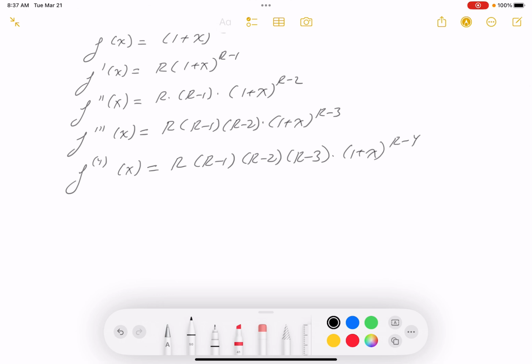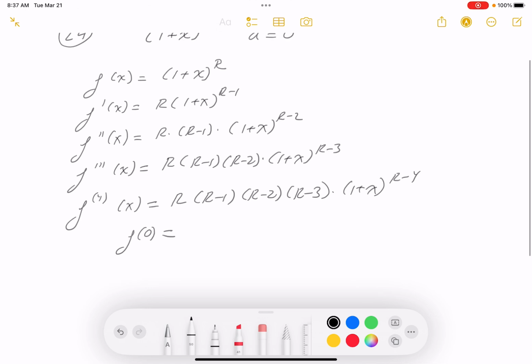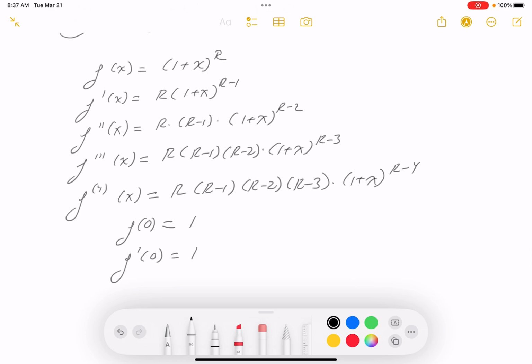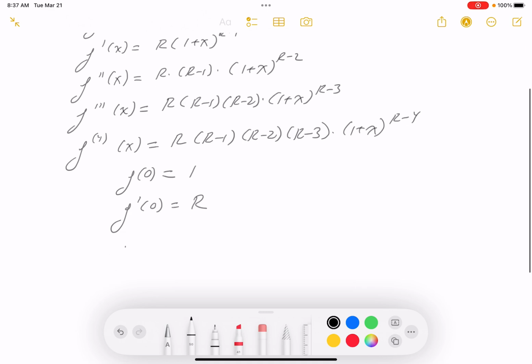Let's evaluate this at the center, and the center is 0 then. So f of 0, again, that's right up here. That's going to be 1 to the r, so that's going to be 1. Let's do f prime at 0. What's that going to be? That's just going to be r. F double prime at 0 is going to be r times r minus 1.